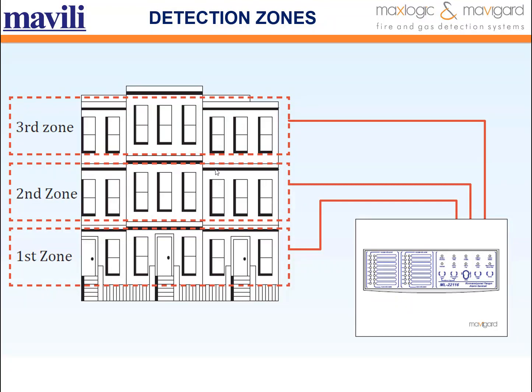And each zone should be limited to a single floor of the building except for the following situations. If the zone consists of a staircase, elevator shaft, or other similar structure that extends beyond the floor but inside a fire compartment, total livable floor area of the building is less than 300 meters square.